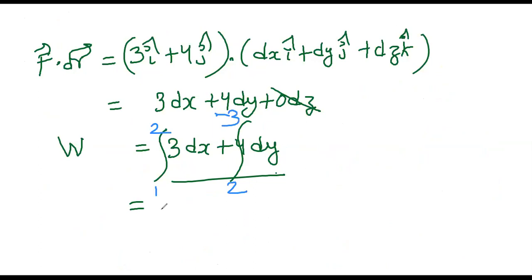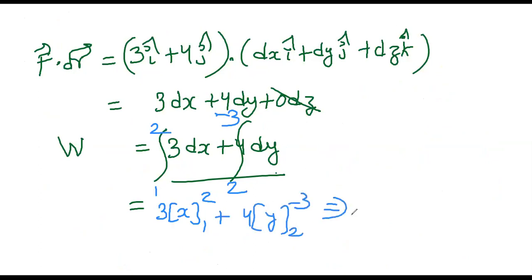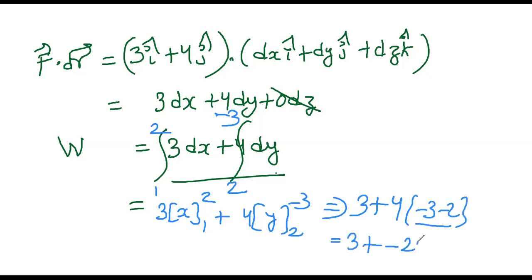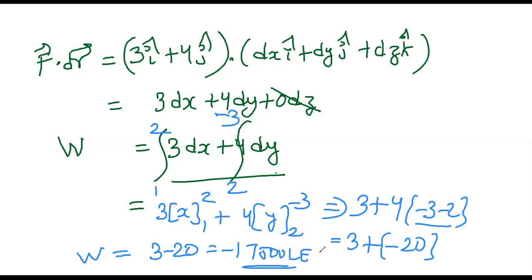So let's see what the answer comes out to be. It's 3x from 1 to 2 plus 4y from 2 to minus 3. So the answer is 3 plus 4 times (minus 3 minus 2), which is minus 5, so minus 20. So work done is 3 minus 20, which equals minus 17 joule. This is the required answer, students.